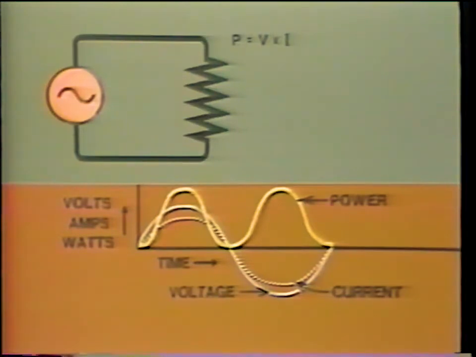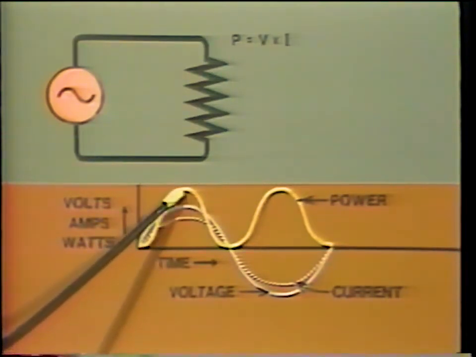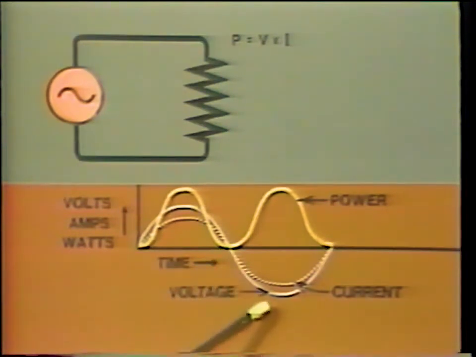At the beginning of the cycle, 0 volts times 0 amps gives us 0 watts. After 1/4 cycle, or 90 degrees, has passed, peak current times peak voltage gives us peak power. After another 1/4 cycle, power is again 0. But what happens here, in the negative half cycle of voltage and current?